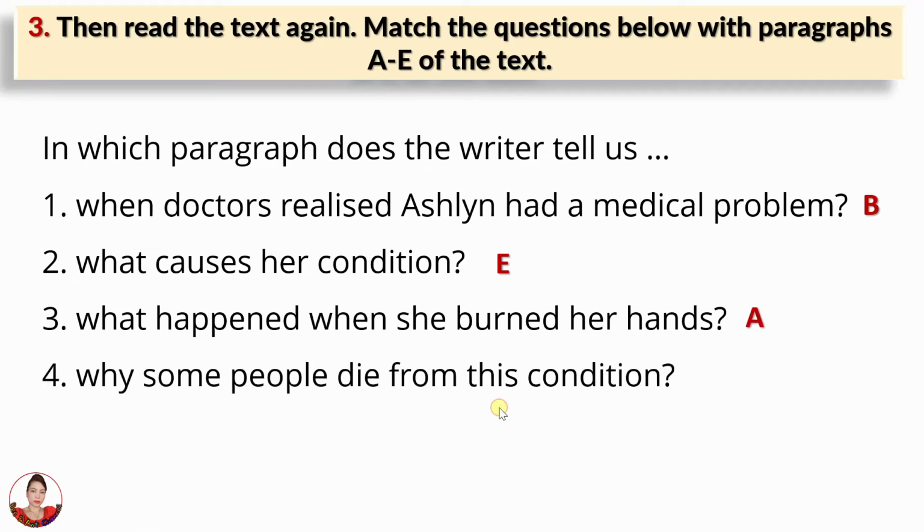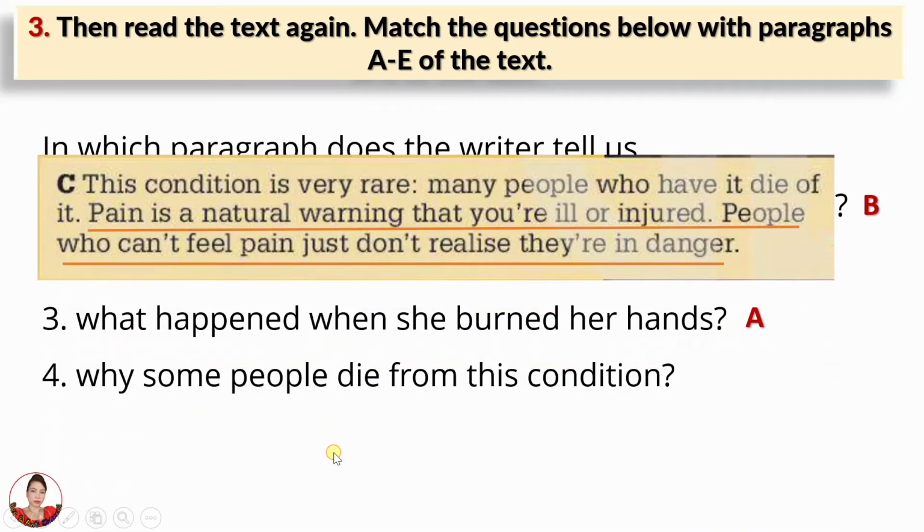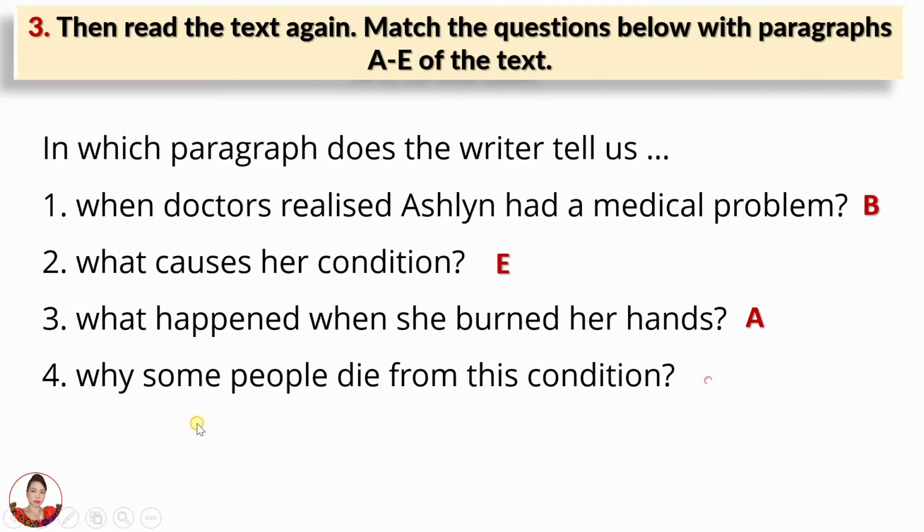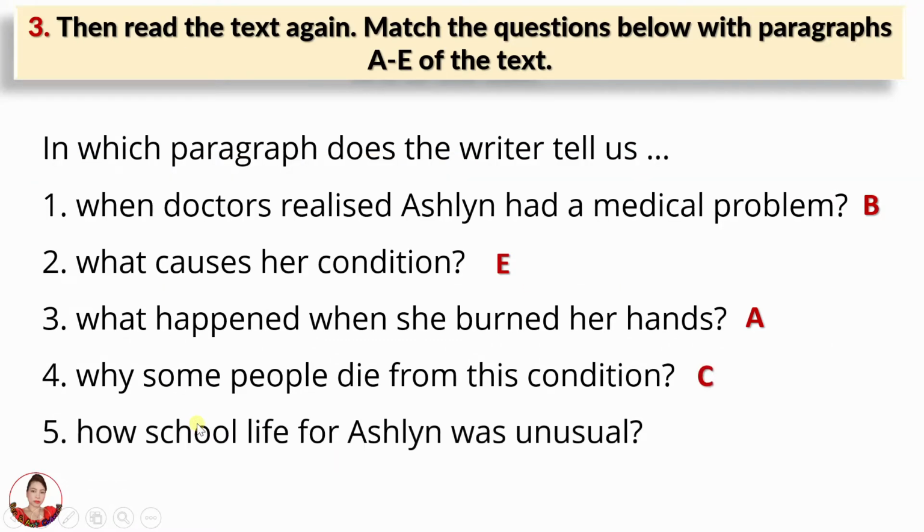Number 4. Why do some people die from this condition? Pain is a natural warning that you are injured. People who can't feel pain just don't realize they are in danger. So number 4, C. Number 5, how was school life for Ashlyn unusual?